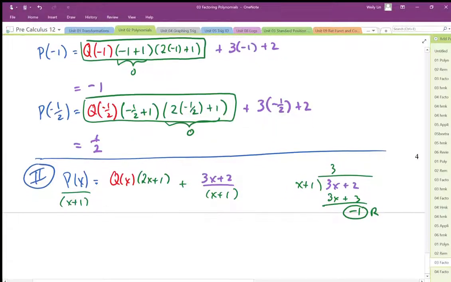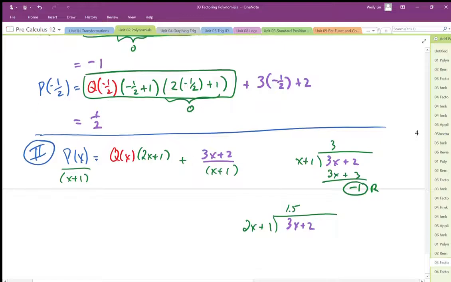And notice that if I divide the 3x plus 2 by the other factor, 2x plus 1, I'm going to get 1.5, so that's going to be 3x plus 1.5. Subtract that, I get 1/2. That's my remainder, and again, notice how that's consistent with what I got before.